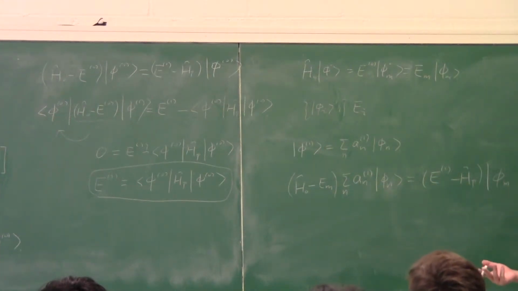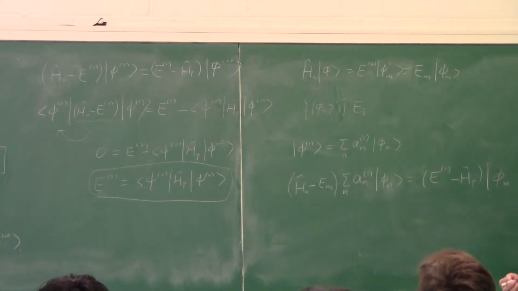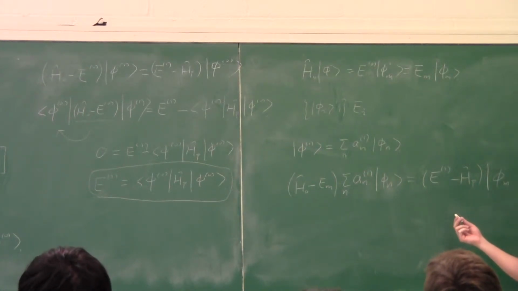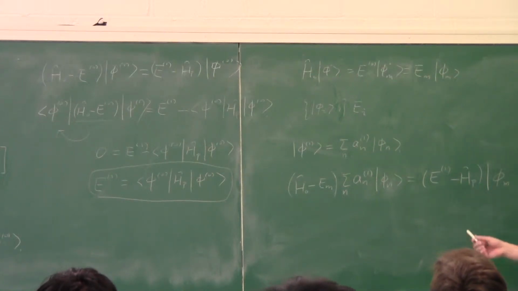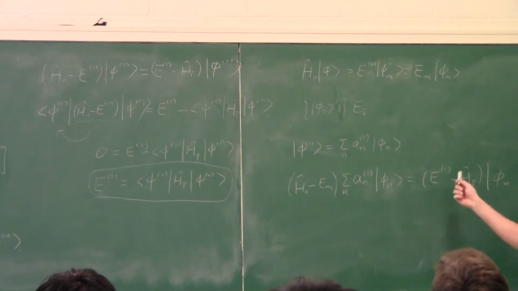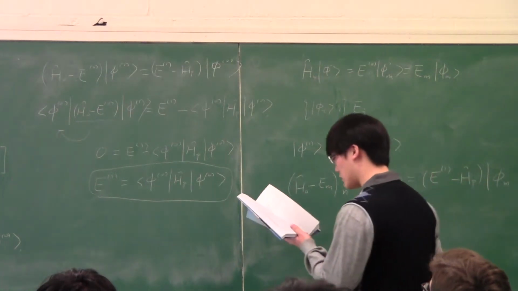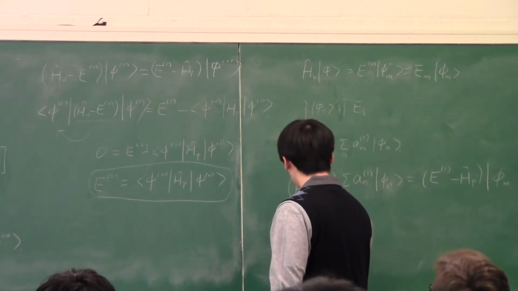Now let's choose some arbitrary eigenstate of the original Hamiltonian and test this equation. Okay. So what's going to happen is, if I test this, because of this orthogonality, I'm going to eliminate this term. Okay. So I'll go ahead and test this with phi i.